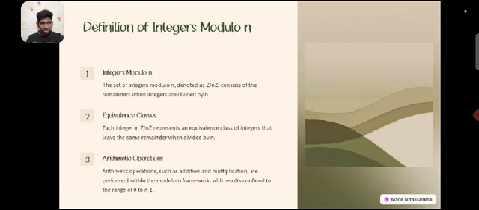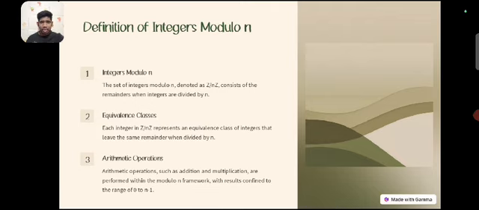First, let us come to the definitions of integers modulo n. First, integers modulo n. The set of integers modulo n, denoted as Z/nZ, consists of the remainders when integers are divided by n. Second, equivalence classes.